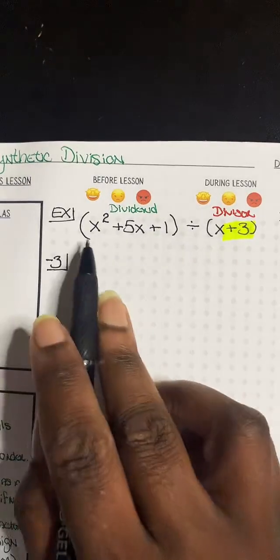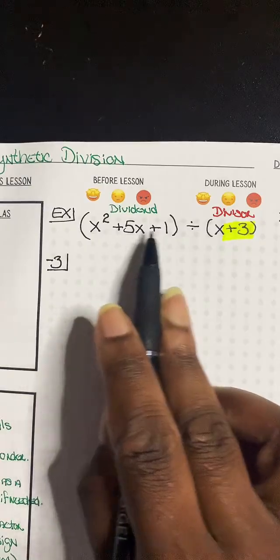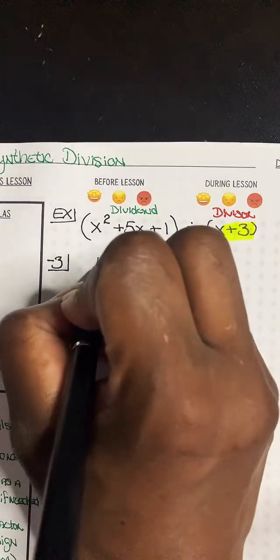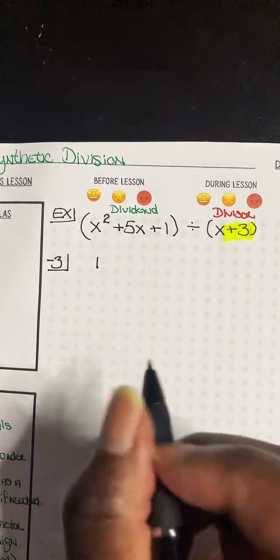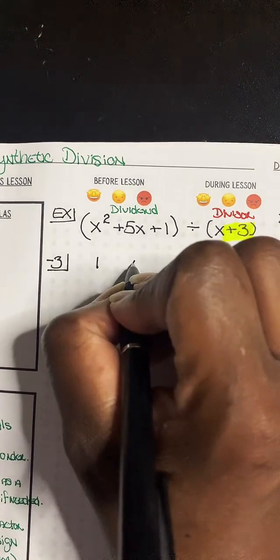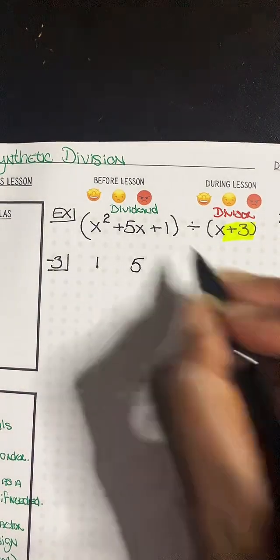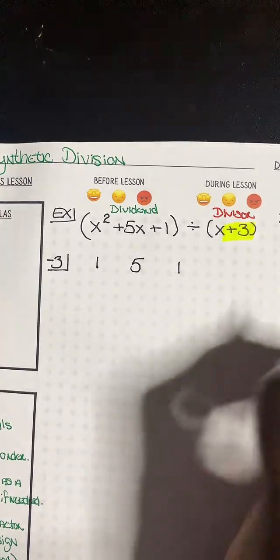So now we're going to take the coefficients of each of those 3 terms. The coefficient for the first one is a 1. The coefficient for the second one is a positive 5. And then I have my constant.